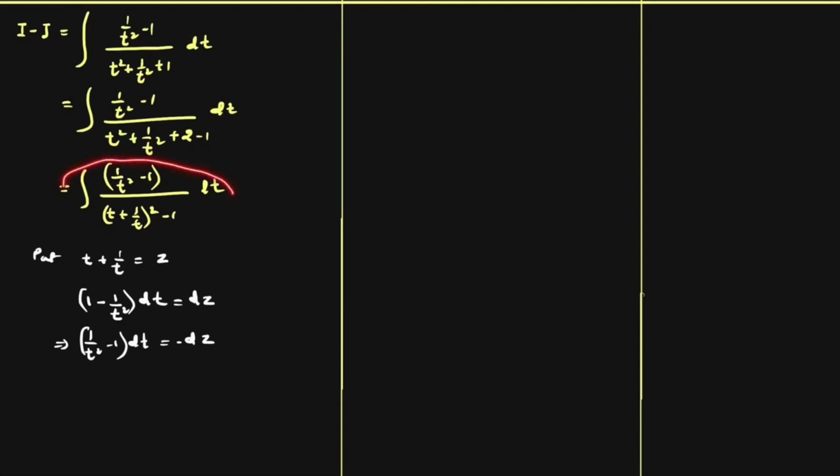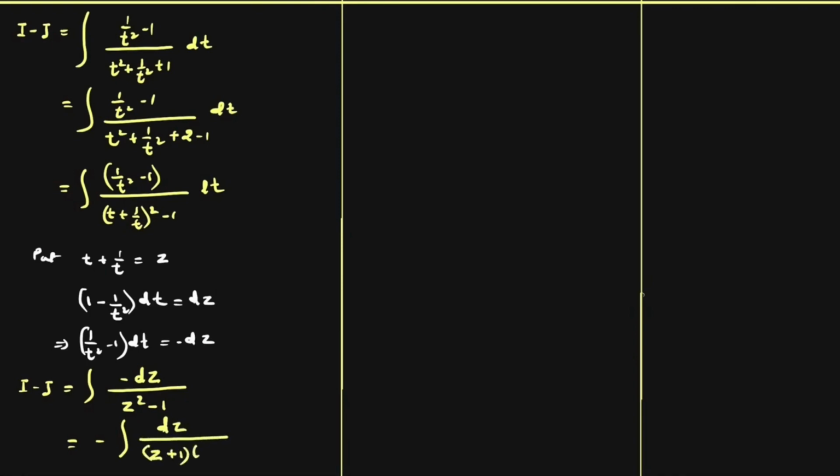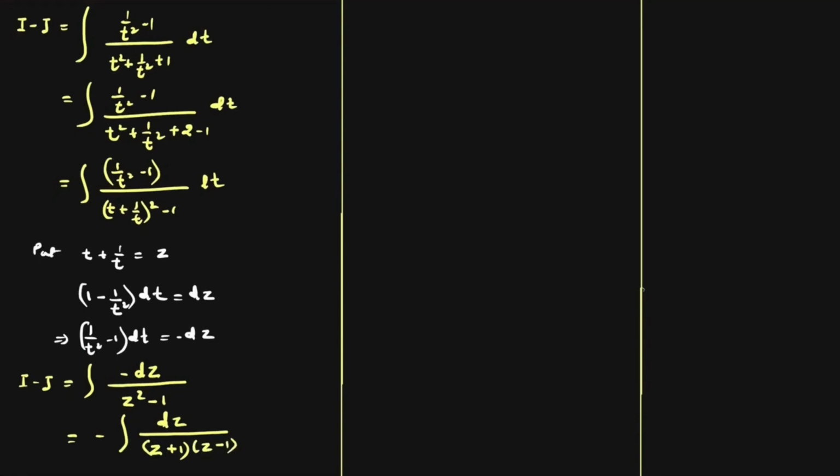So therefore this integration we are able to write as I minus J, which is equal to integration of minus dz divided by z square minus 1, which is equal to minus, we take out, dz divided by (z plus 1)(z minus 1), which we are able to write as minus 1 by 2 integration of (z plus 1 minus z minus 1) divided by (z plus 1)(z minus 1) dz.